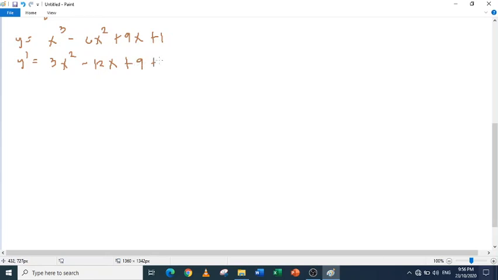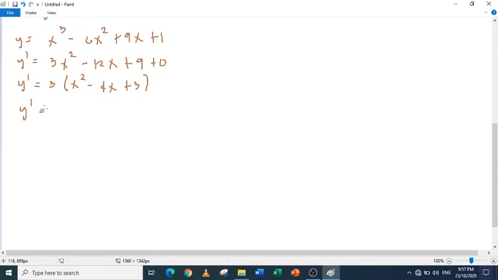So, kahit wag nyo nang isulat yung 0, okay lang yan. And then, if you want, you can already input this onto your calculator or kunin nyo muna yung common factor. So, common factor nila is 3. So, x squared minus 4x plus 3.